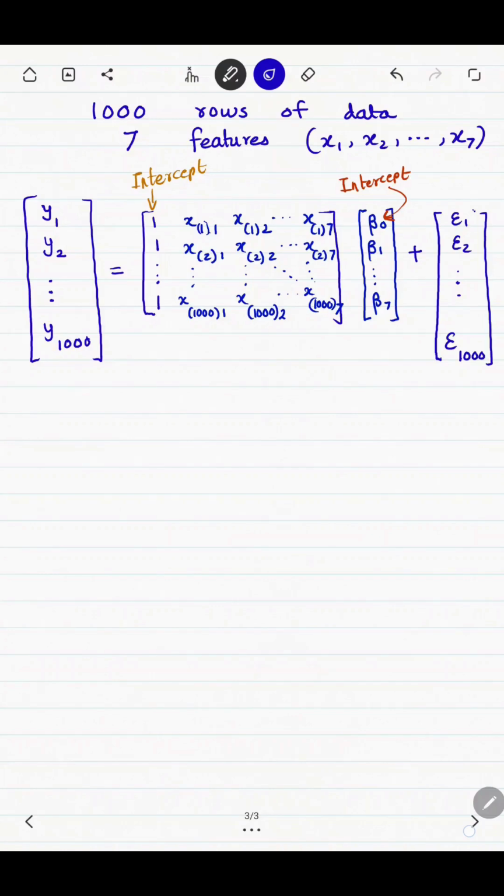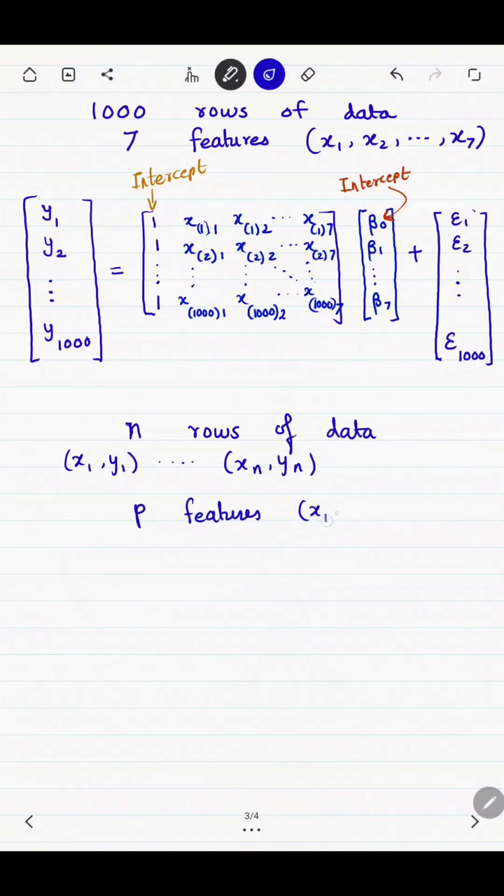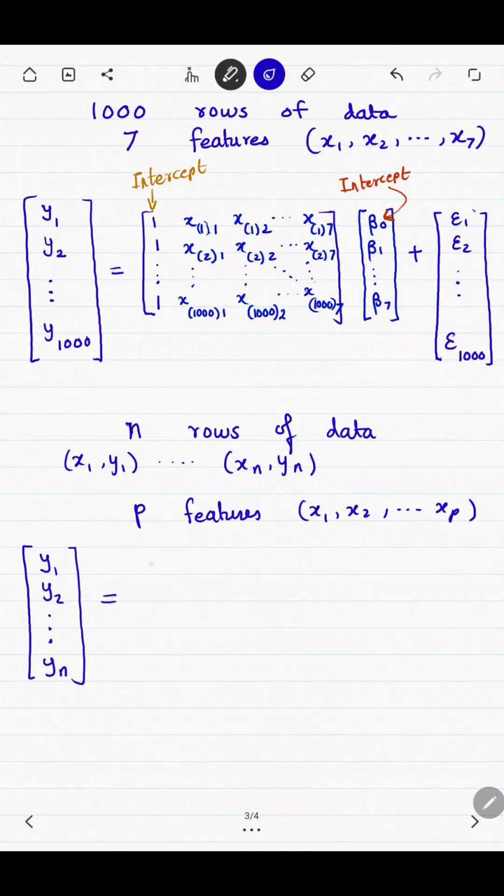In general, if the data set has n rows and p features, then the linear regression problem can be represented as follows. Firstly, we'll have the column vector y1, y2 up to yn, because there are n rows, or n data points, or n responses, and the design matrix will be n cross p with n rows and p columns.